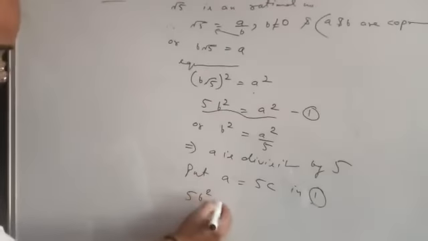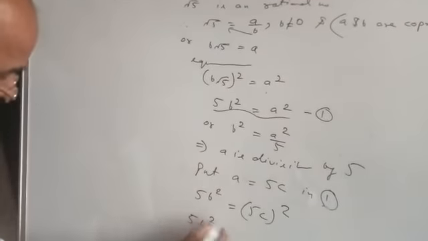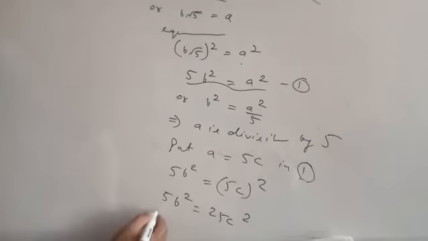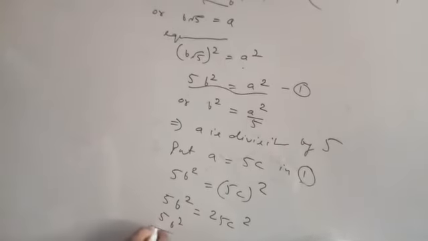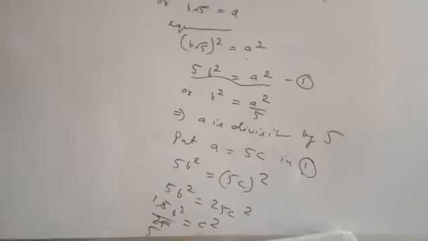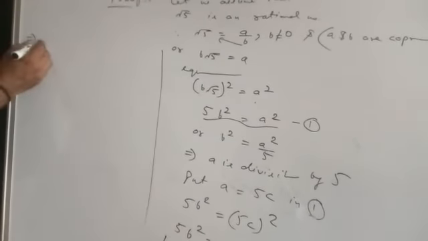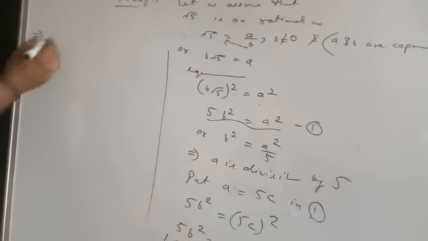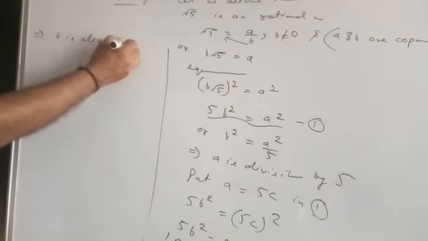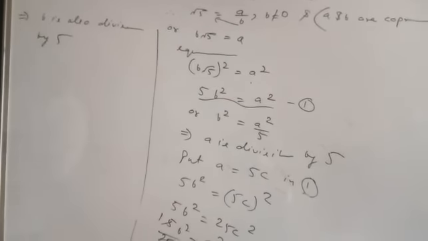5b square equals 5c whole square, 5b square equals 25c square. 25 you will take on this side. 5 ones are 5, 5 fives are 25. It implies b is also divisible by 5.